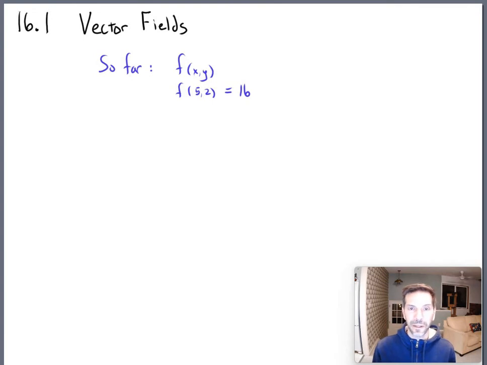So regular functions assign a number to a point in space, and that might represent the temperature at that point, or the kinetic energy, or whatever else.